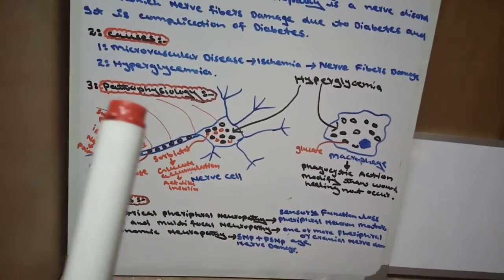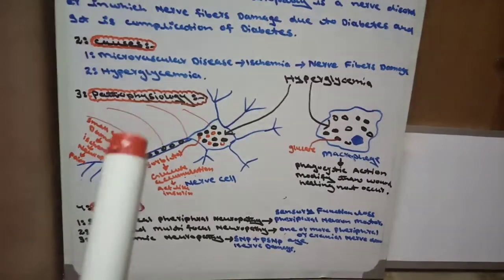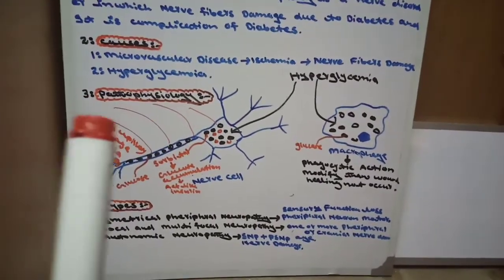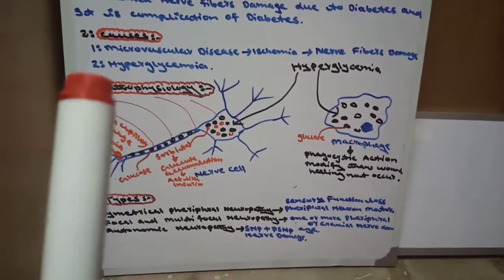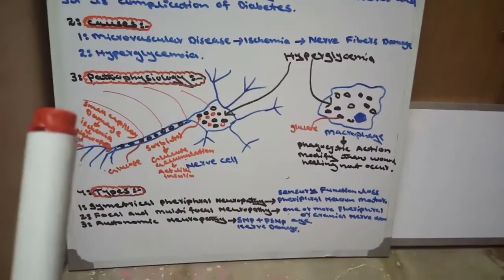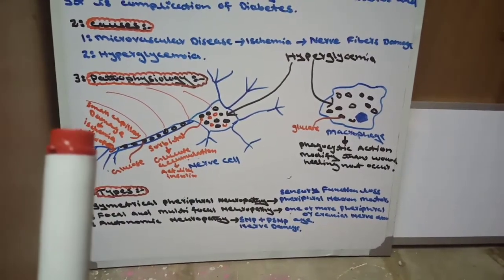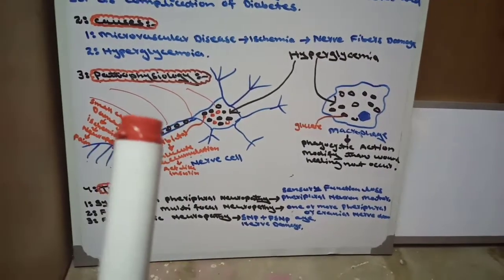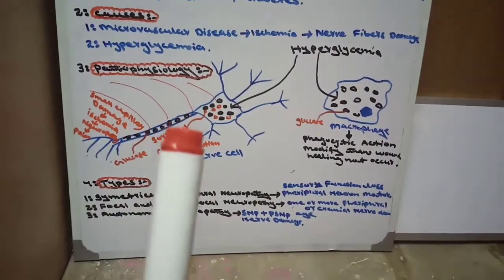The second is capillary damage, microvascular disease. Due to diabetes, the small capillaries become damaged and rupture due to blood thickness. Then, as a result of small capillary damage, ischemia occurs, and when there is no blood supply to the nerve, neuropathy occurs and pain occurs.